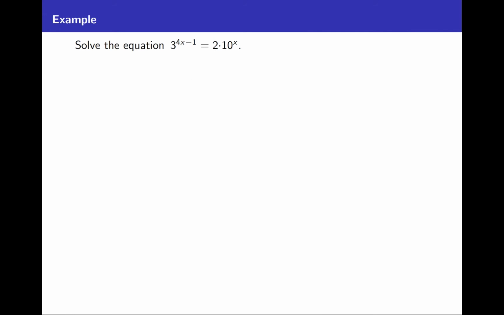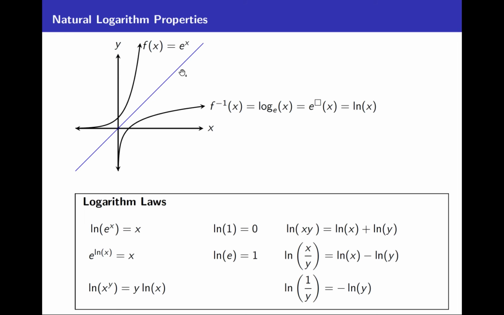So somehow you want to bring those powers involving the x down so they're not powers anymore. And this is where, if you go back to our previous slide, this property ln of x to the y equals y times ln x is so useful. It tells us a power can come down in front of the ln.